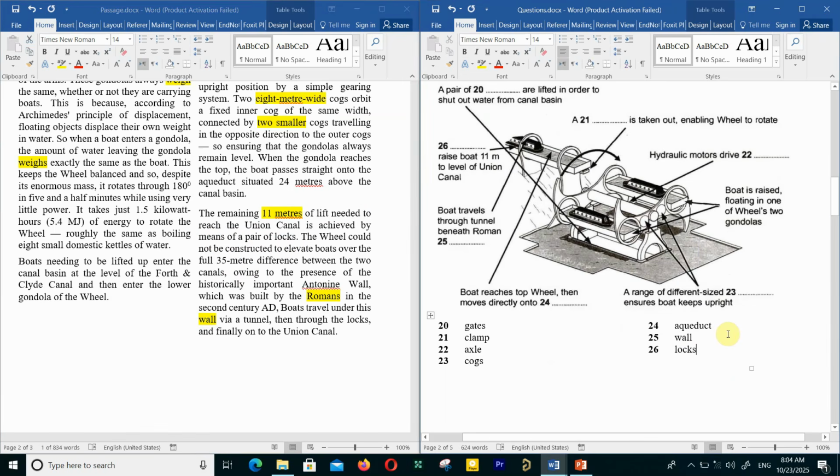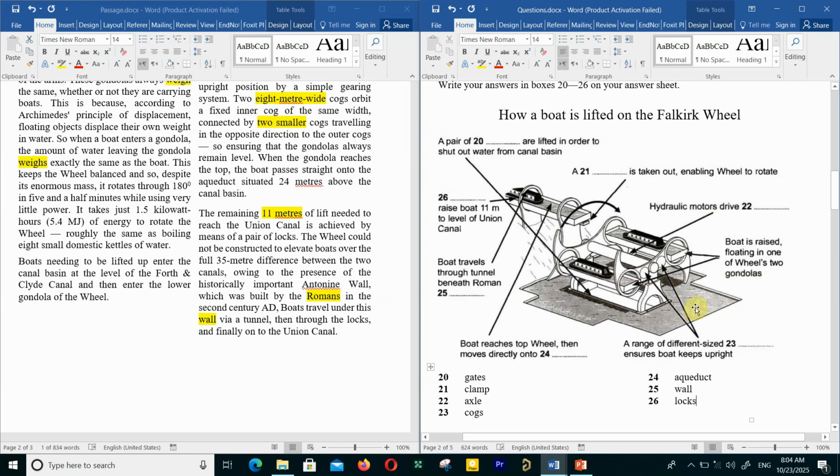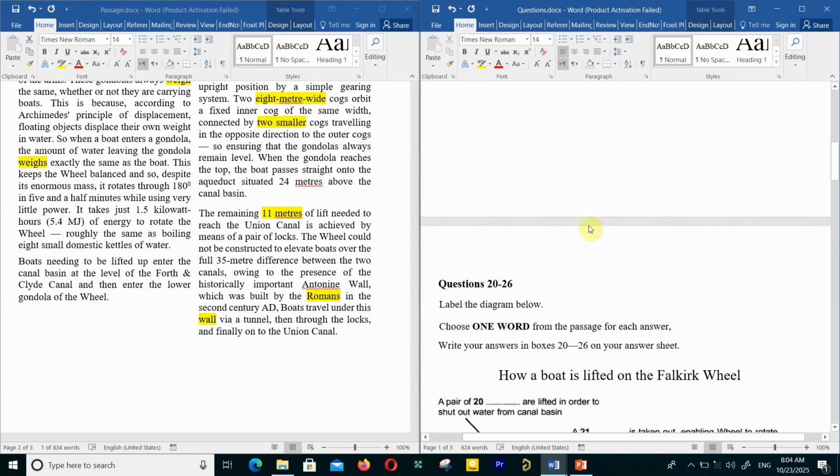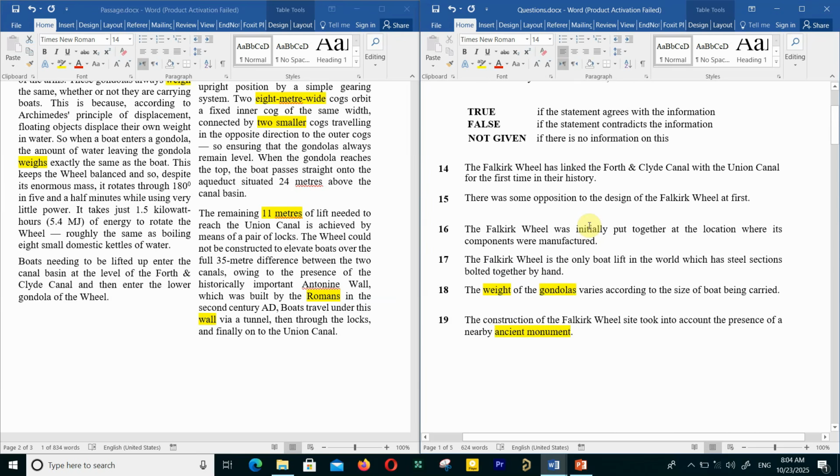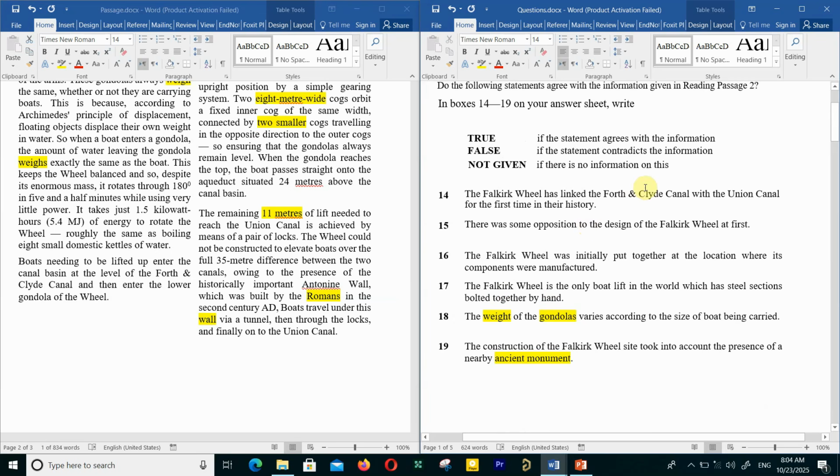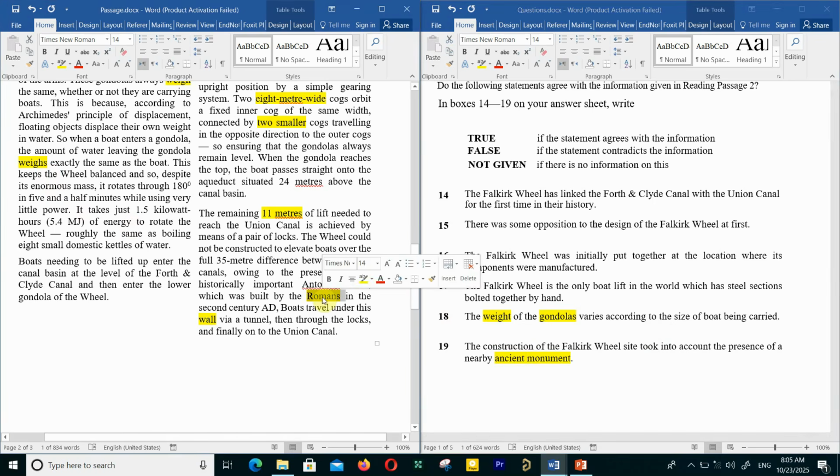So here we finish these questions, and now I'm going to answer true, false, not given. We already found weight in here. And for ancient monument here I find Romans.